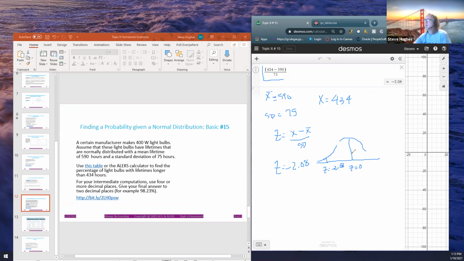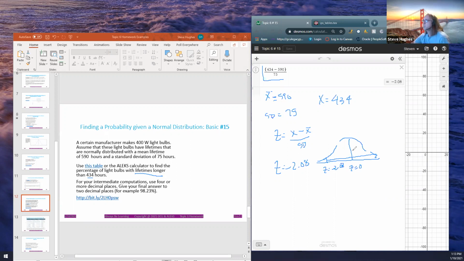I want to find the area for lifetimes longer than 434, all of this area right here. Therefore, I need to find 100% minus the value that I look up in the table. Everybody with me? 100% minus the value that I look up in the table.